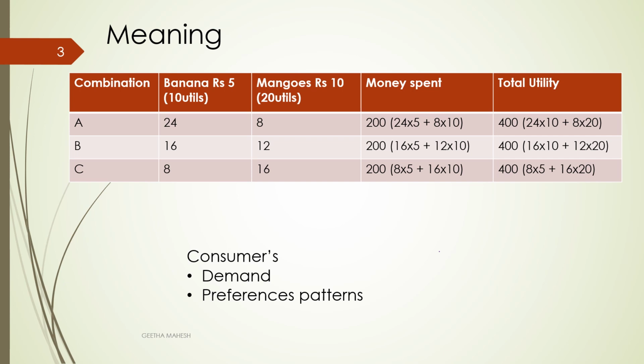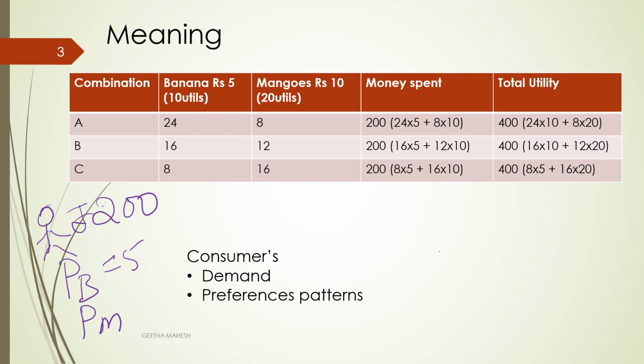Dear students, before we take up the main concept, let us understand it with an example by making the assumption that utility can be measured in cardinal numbers. Later we will discuss without that assumption. Let us assume there is a consumer who has an income of rupees 200, and the price of banana is 5 and the price of mango is 10 rupees.